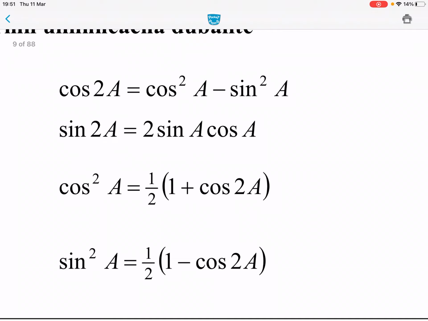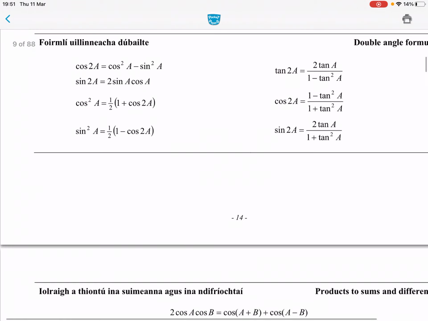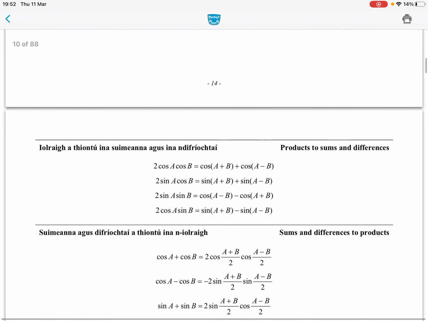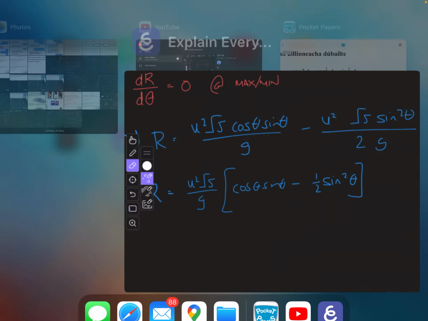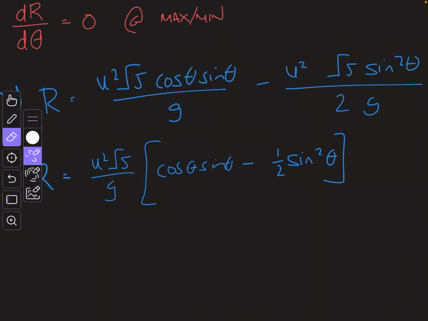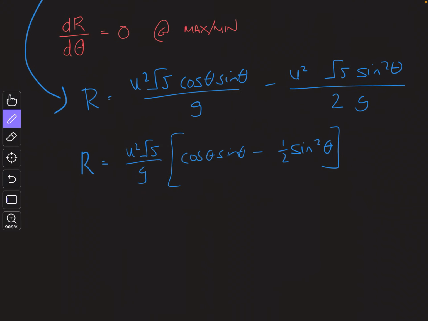Do you see where it says sine 2 alpha and sine squared alpha? You can use these ideas to help solve it. I'm not going to do that, I'm just pointing it out because if you're looking in the mark scheme, that's where they got these next rules. I'm going to do it using the chain rule and the product rule. So apologies for the digression.